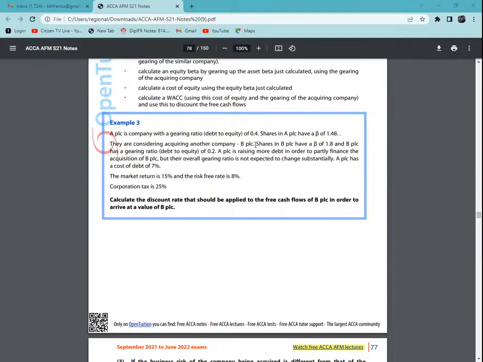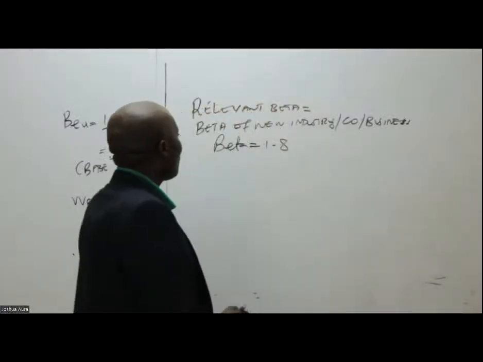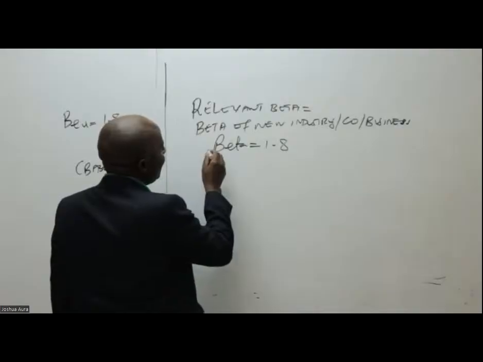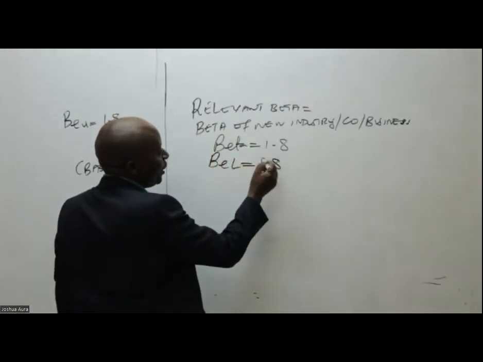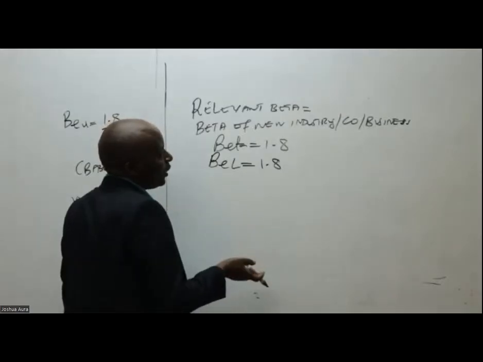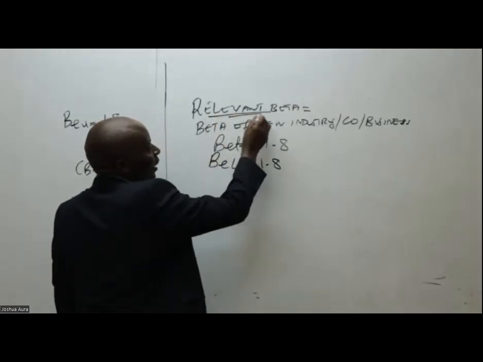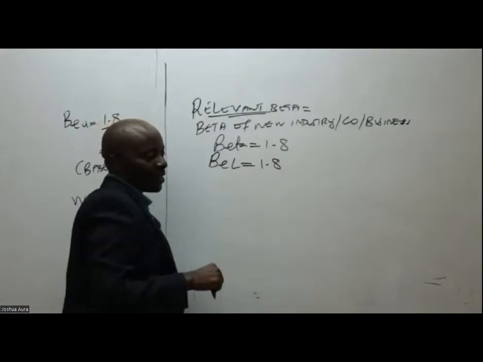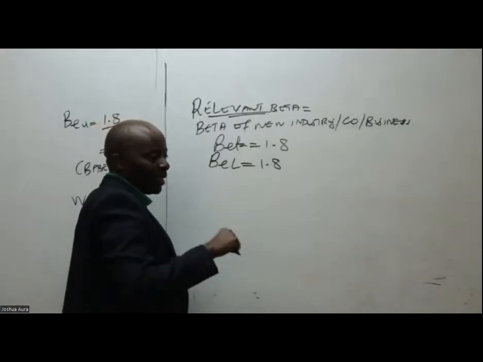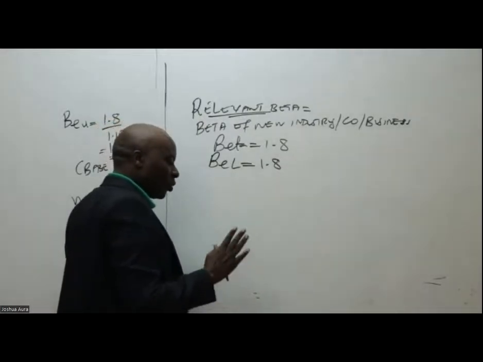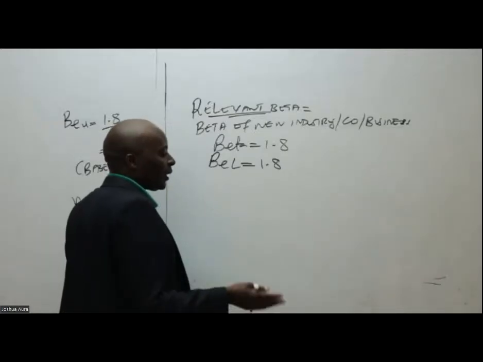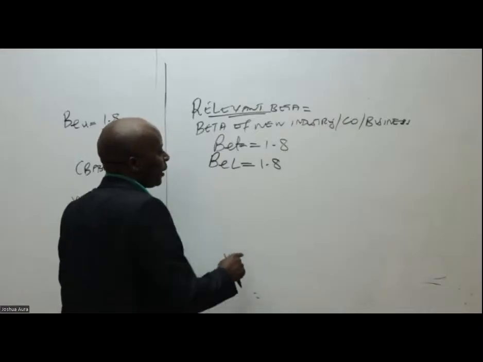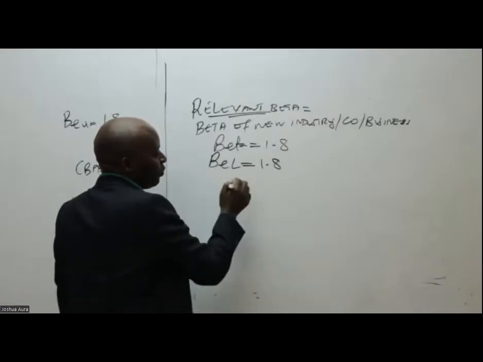And if it's a levered firm, then I need to conclude that this beta is beta equity of a levered firm, which is 1.8. The concept is very easy: this relevant beta has to be ungeared. When the firm goes to this new industry, they'll decide later on to bring in debt and what percent. First of all, we know that this has to be changed to BEU.